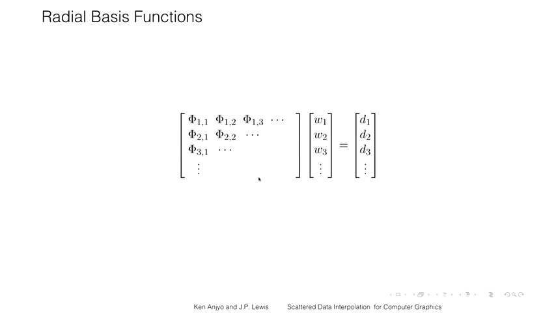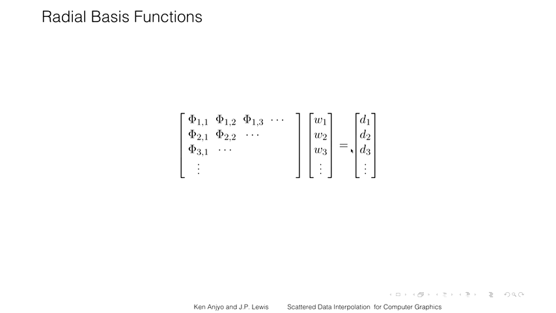So this is a symmetric matrix. You form this. Its size is the number of data points. Over here, you put the desired values, D1, D2, D3, et cetera. And so you've got a symmetric linear system that you can solve straight off. You can do it faster if you use Cholesky, which is suitable for symmetric systems.